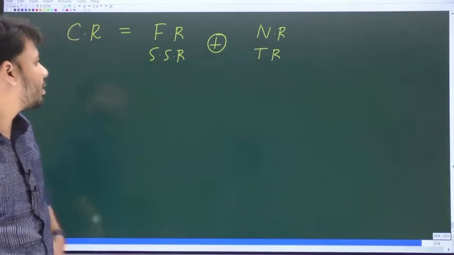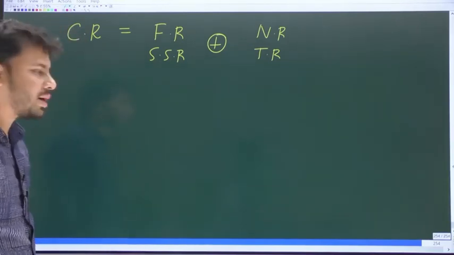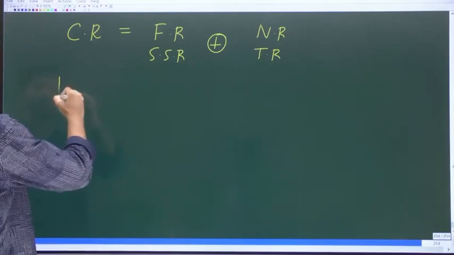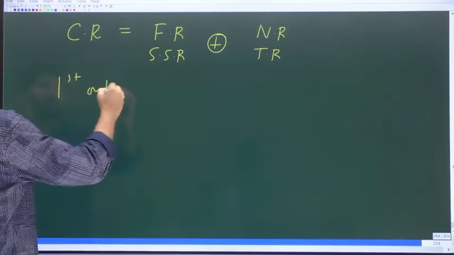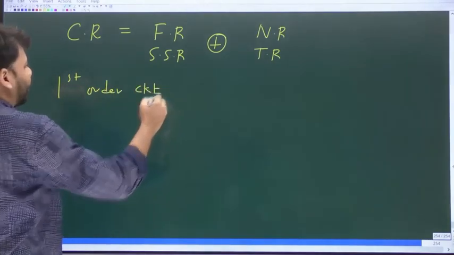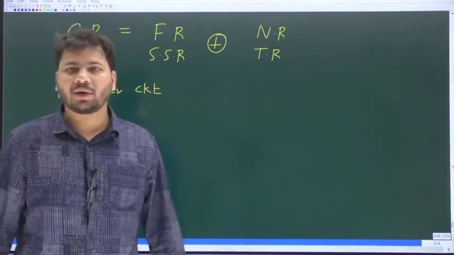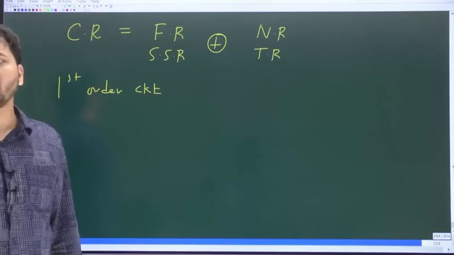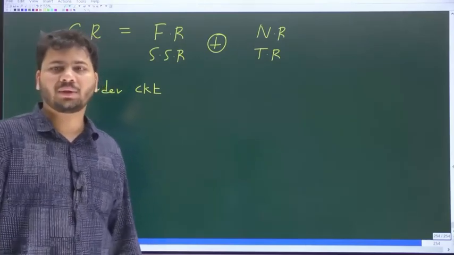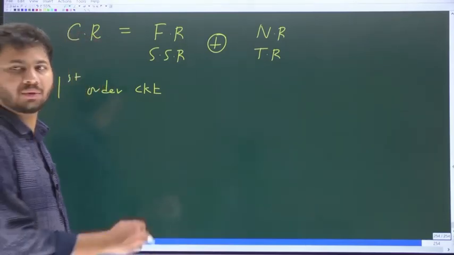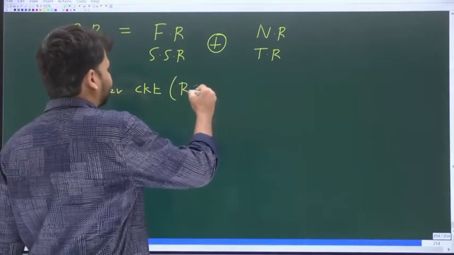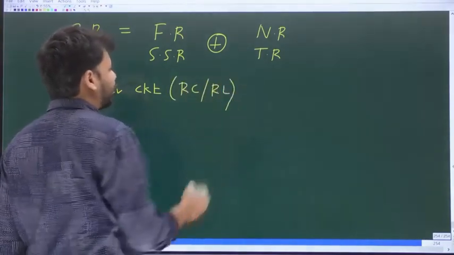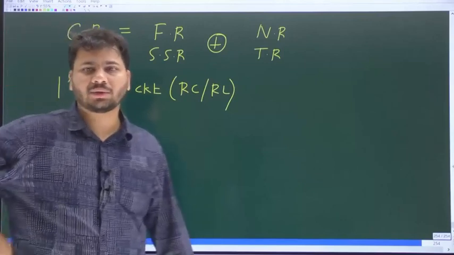Okay. Now for a first order circuit, you know, the two types of first order circuits we have are the RC circuit and also the RL circuit. Yes or no? These are the two first order circuits that we have.